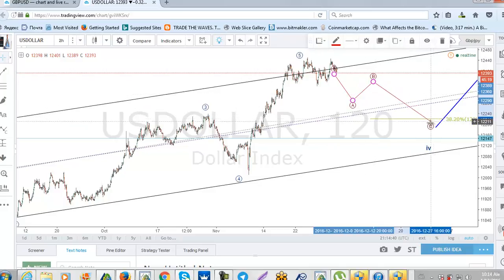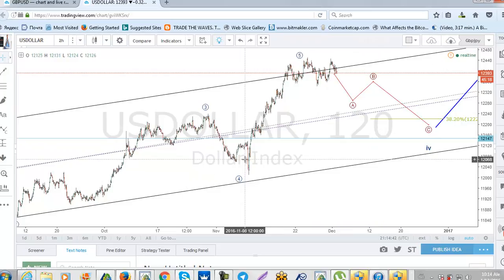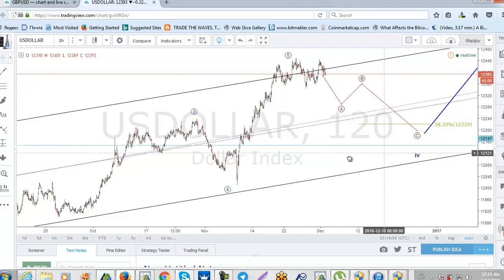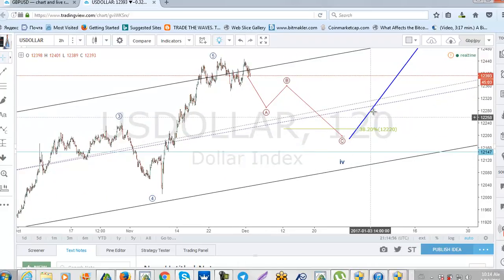We know that the move may not really be as strong as what we have been having, because the US economy is still very strong at the moment. So we'll just be expecting the US dollar index to retrace this way before a move comes up.